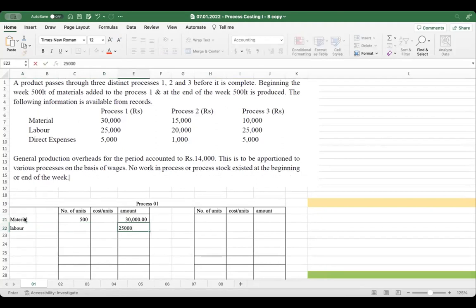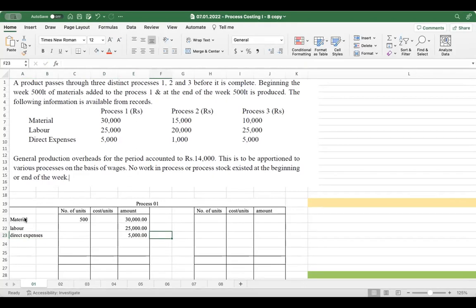Now we are just putting the details that are given in this question. Direct expenses, 5,000. Okay. Then what else do we have here? We have production overheads, right?